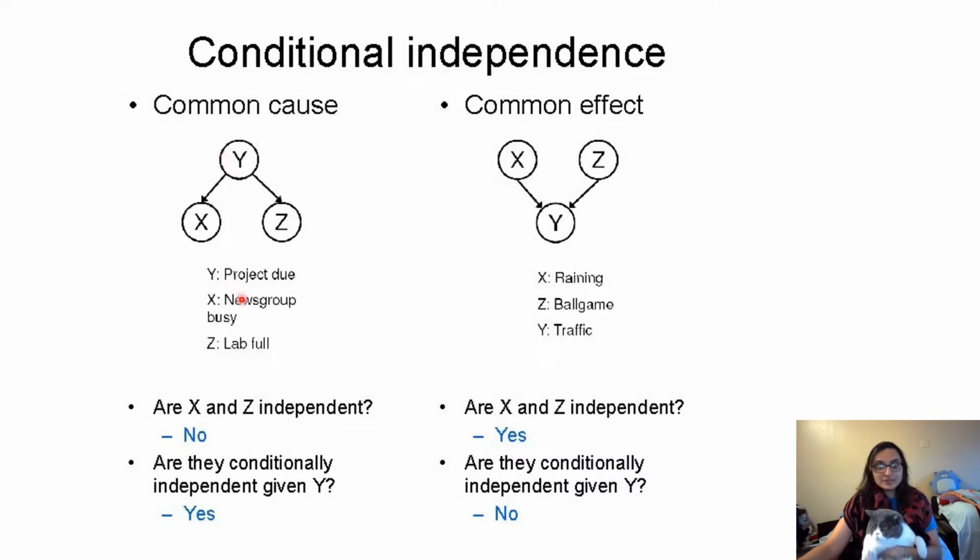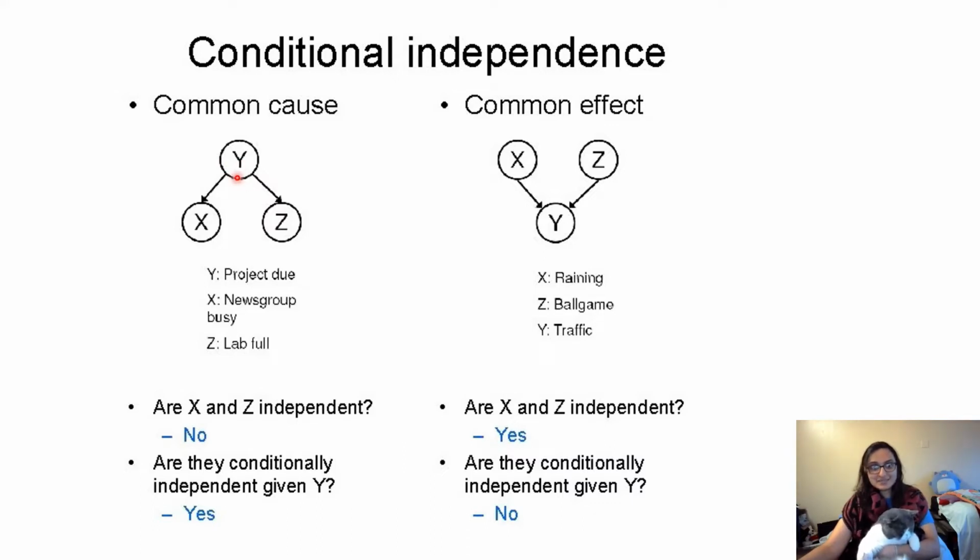Are the news group being busy and the lab being full independent of each other? No. But instead, these two are conditionally independent given Y. So the news group being busy and the lab being full are conditionally independent given the fact that there's a project due.